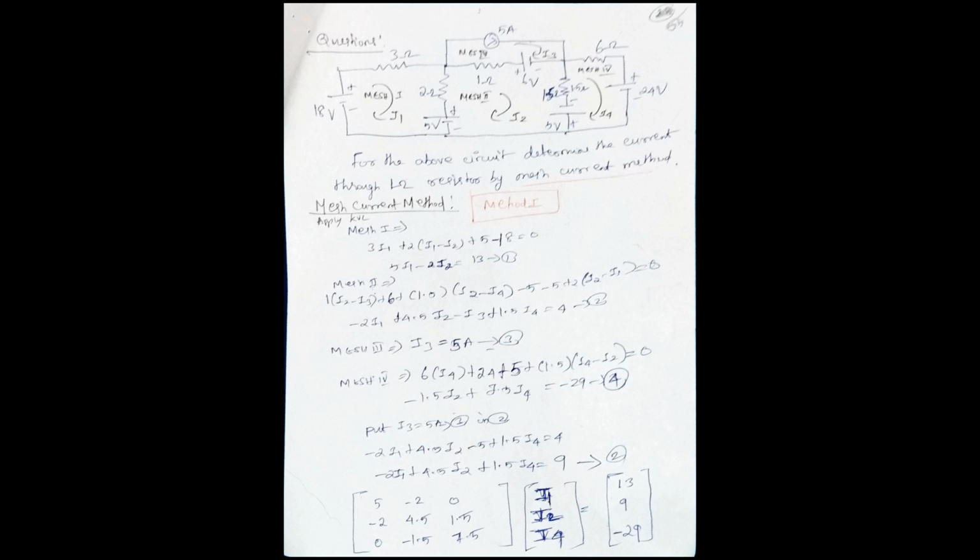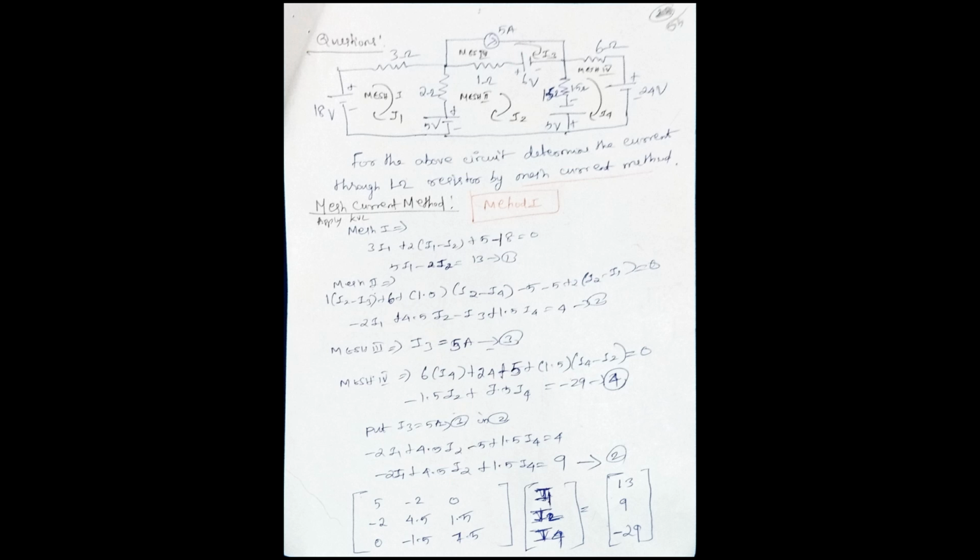Mesh 2 contains 1 ohm resistance, 2 ohm resistance, 1.5 ohm resistance, two 5-volt sources and a 6-volt source. From mesh 2 we obtain 1 into (I2 minus I3) plus 6 plus 1.5 into (I2 minus I4) minus 5 plus 2 into (I2 minus I1) is equal to 0.